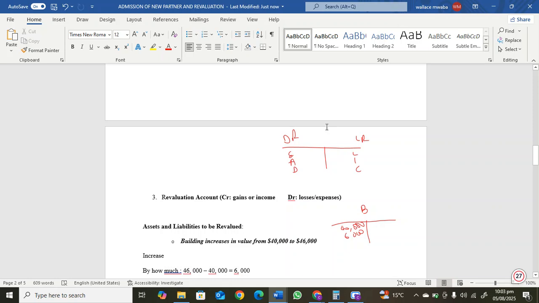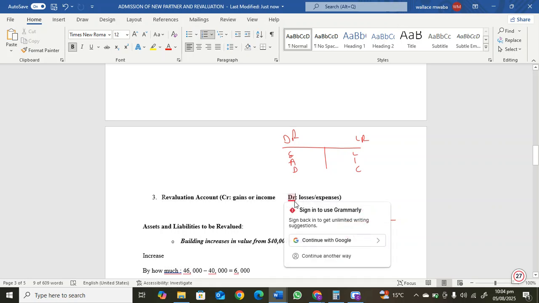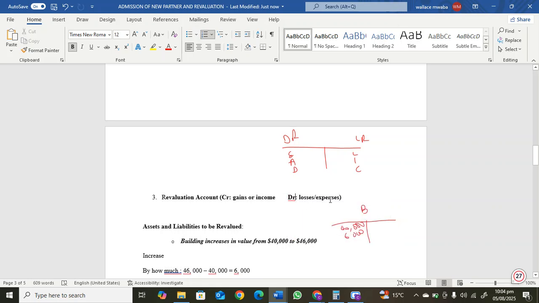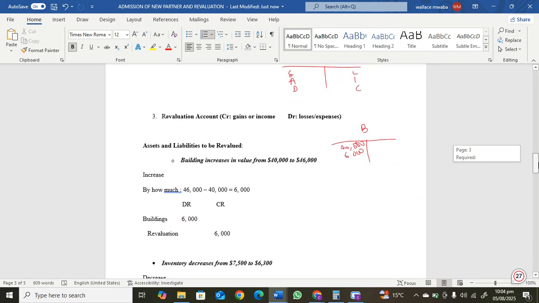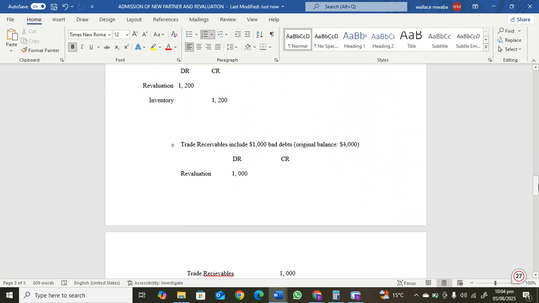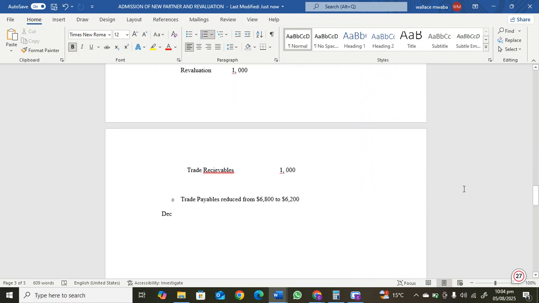So please, colleagues, remember these double entry rules, should they bring these revaluations for you. That way you'll be on the safe side. These double entry rules and this here: credit any gains or income and debit any losses or expenses to the revaluation account. So there is a decrease here.